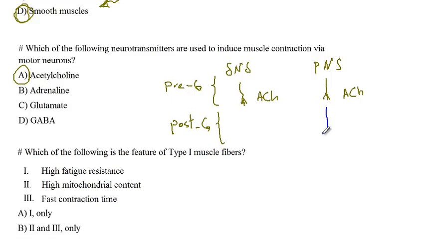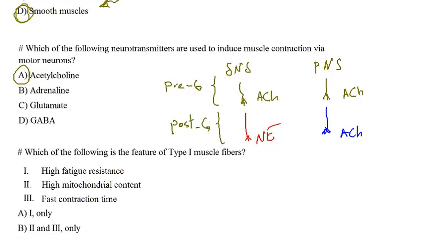With the PNS, acetylcholine is the main neurotransmitter, versus the SNS or sympathetic nervous system. Can you tell me which neurotransmitter is the main neurotransmitter for the SNS? Norepinephrine. Okay, so the SNS induces the fight or flight response versus the PNS induces the rest or digest response.